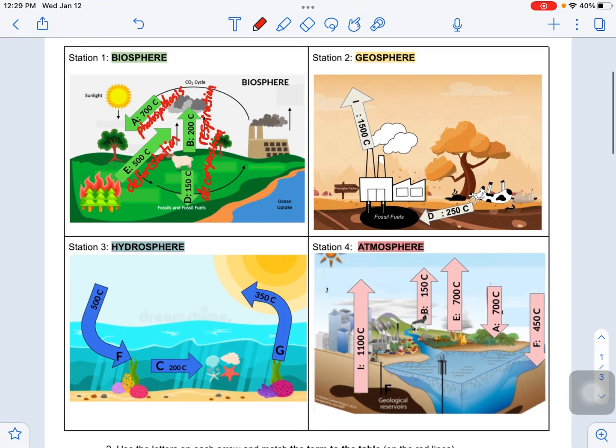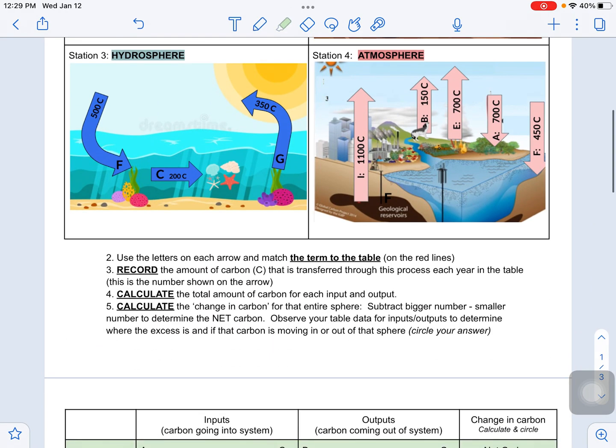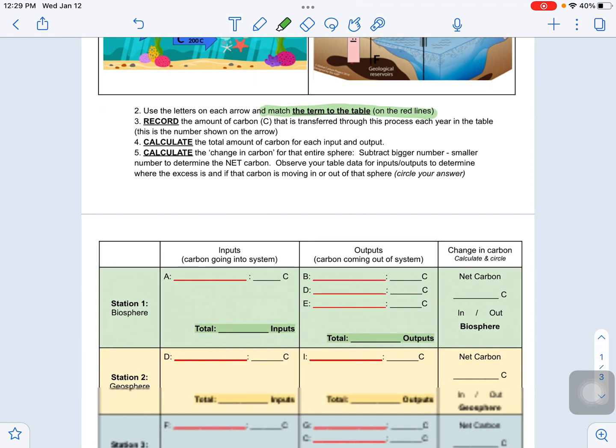Now, in my second step, I'm going to use the letters on each arrow to match the term to the table, the red lines. If I look at my station number 1 here, the biosphere, letter A, I'm going to find that letter A in my picture.